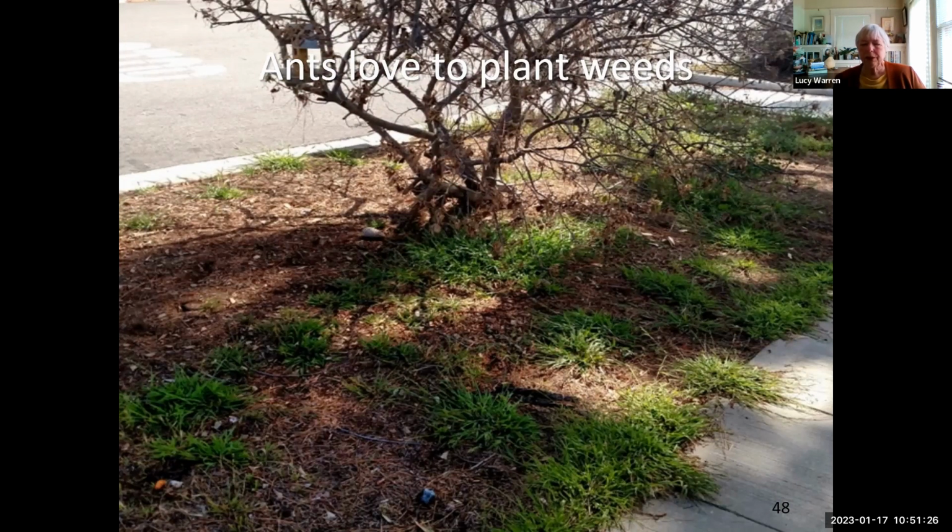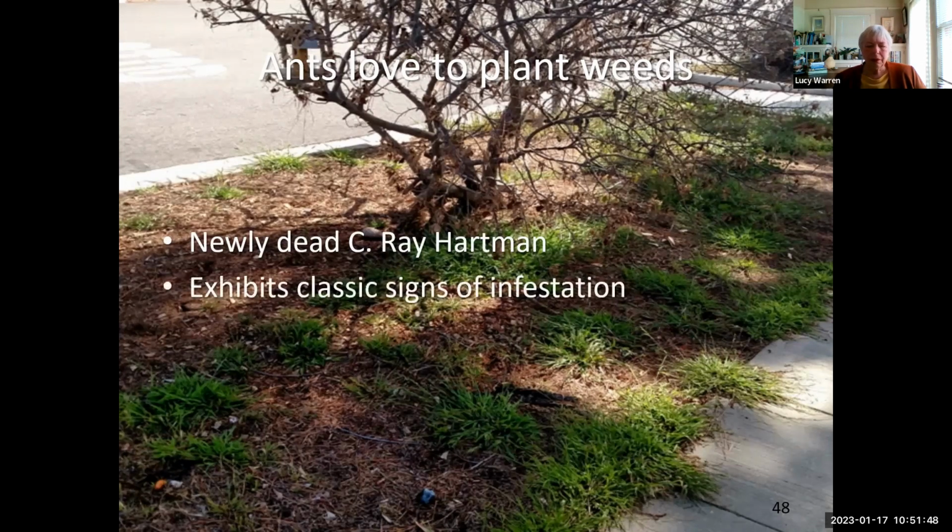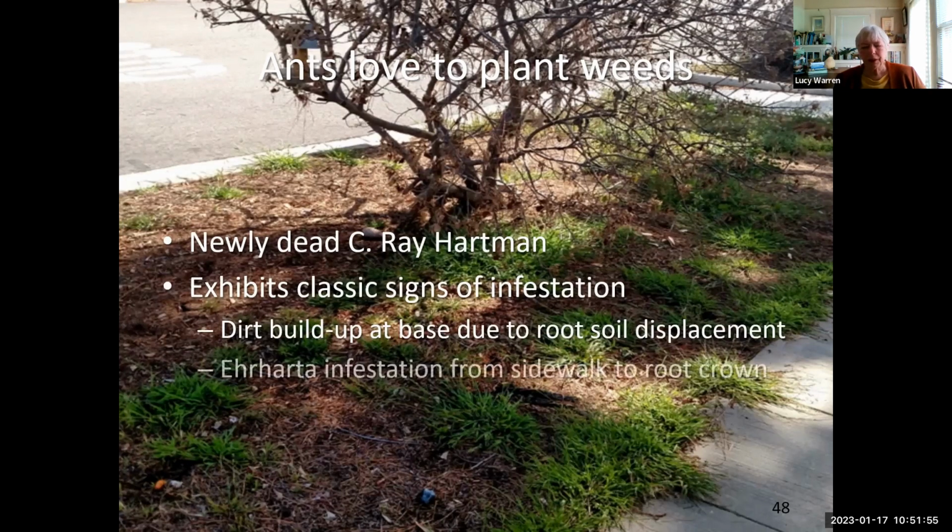You can actually see the trails of the Ehrharta, where the ants eat the stem of the seed of the plant and then drop the seeds along their trails. And they have killed this Ray Hartman ceanothus. So this is just what you might notice, just evidence of an ant infestation.